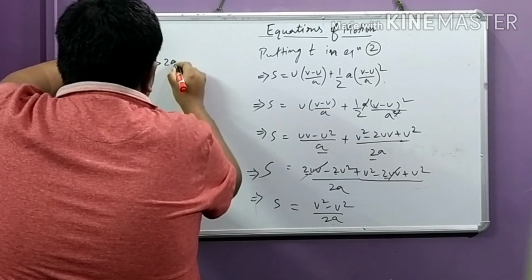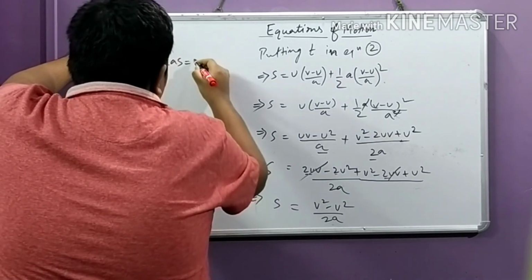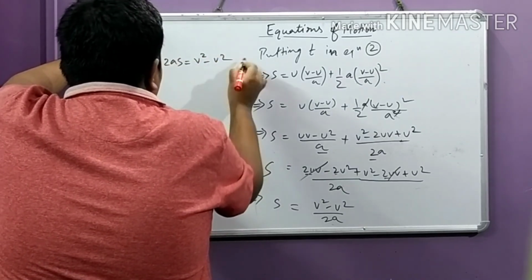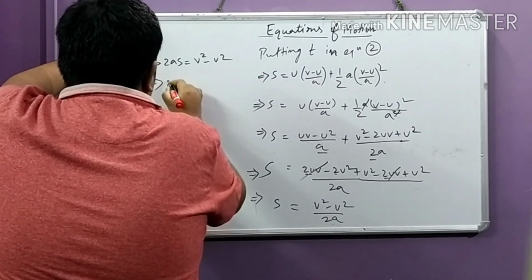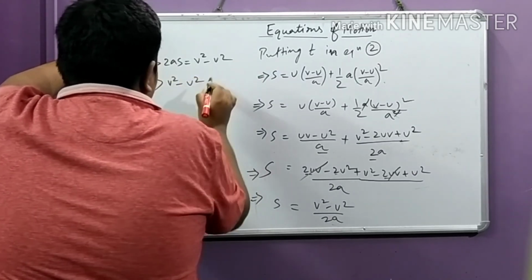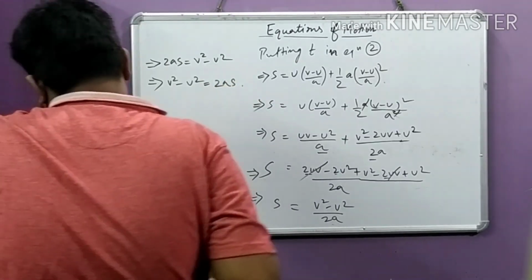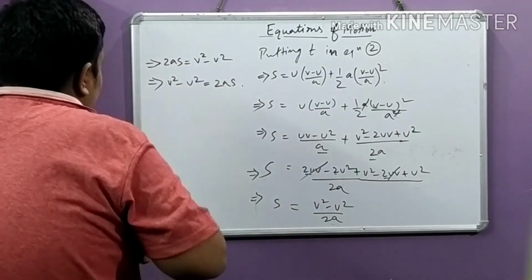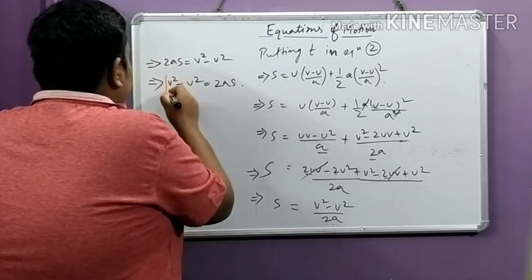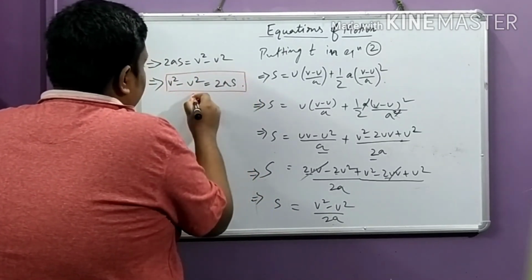So 2AS equal to V square minus U square, or inversely what you can write? V square minus U square equal to 2AS, and this is what we get, the third equation of motion. V square minus U square equal to 2AS. This is number 3.